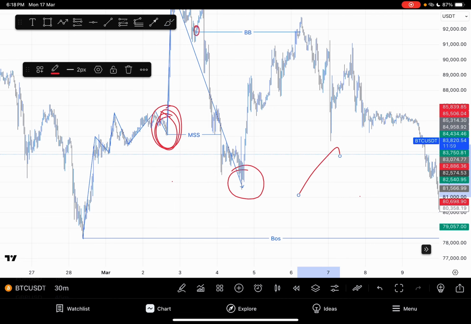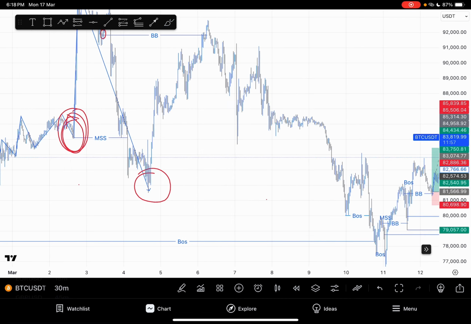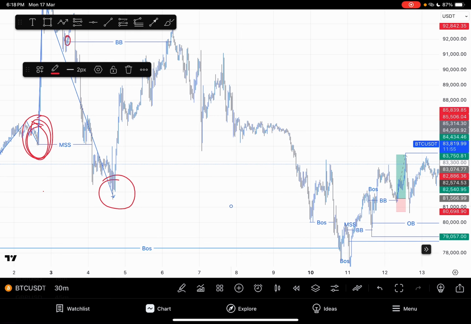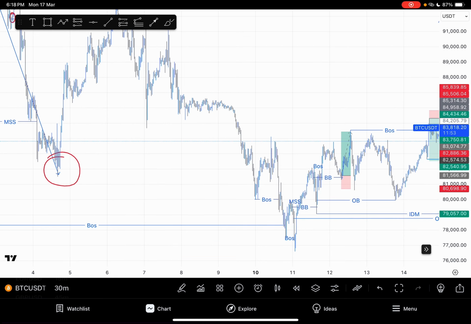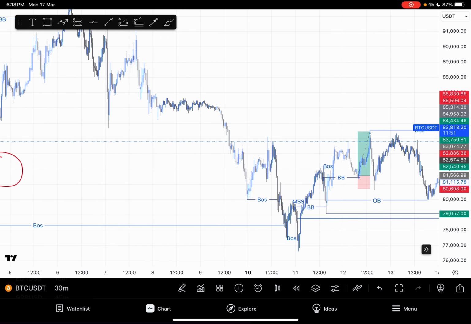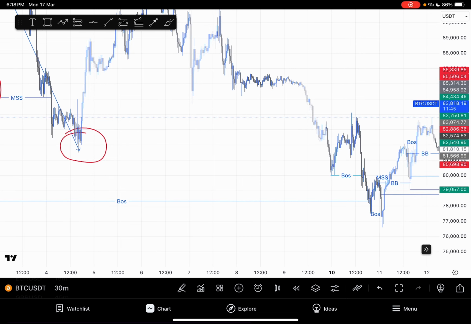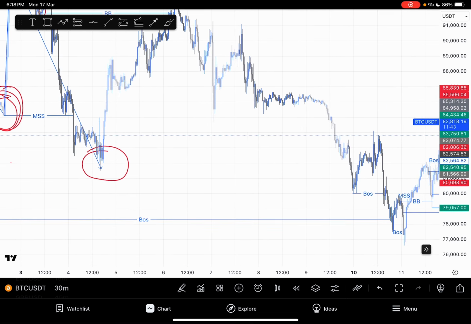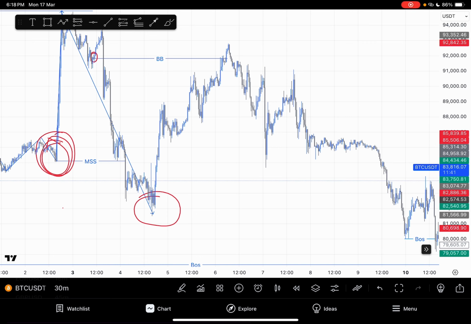Price pushes to the downside to take out that previous low, creating a break of structure. So after the break of structure, what should you do next? Wait for price to retest again on another breaker block or another order block. So now after the break of structure, what do you spot next? You can clearly see this other one here after the break of structure.